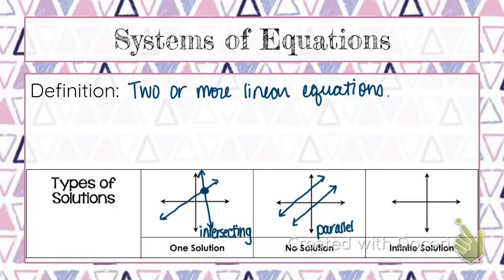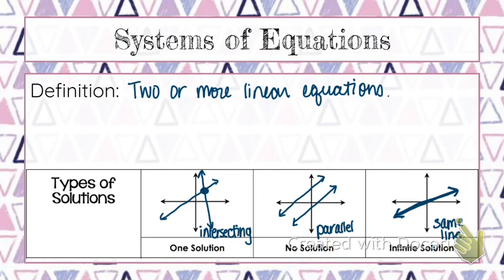And then infinite solutions happen whenever you have two of the same line, because sometimes you can simplify two different equations and end up with the exact same function. In that case, there are infinite solutions. So this would be same line.